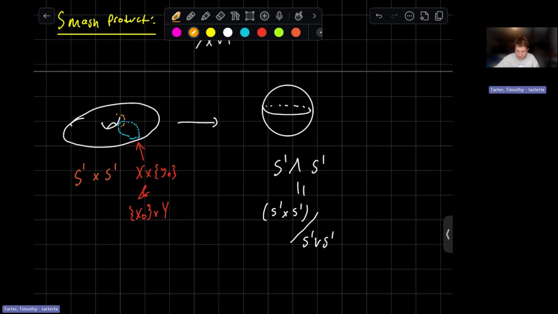Like if you had stuff going in there, it all converges. I think my artistic ability is kind of holding us back here, but it's fine. And it all gets identified to this one point.